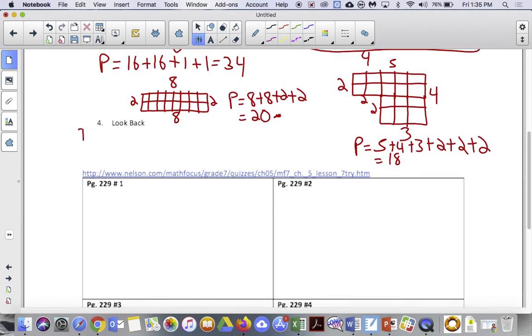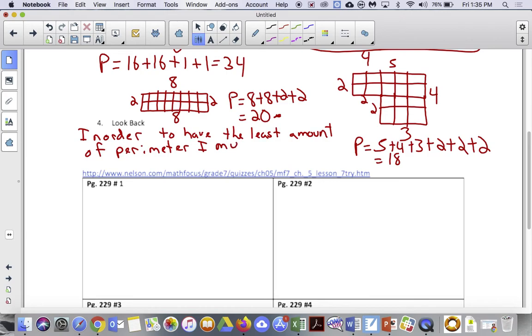So, in order to have the least amount of perimeter, I must arrange in a 4 by 4 arrangement. Okay, and that's problem solving.